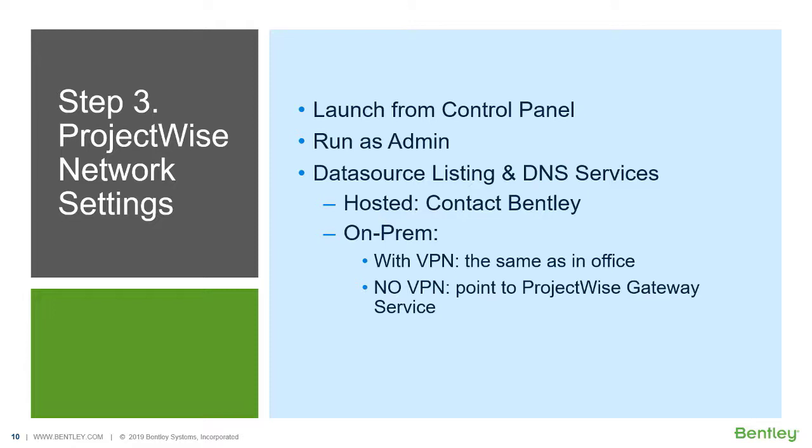If it's on-prem, again, there are two scenarios. If your company has VPN, you can always refer back to what exactly you set up for the workstation you're running in the office. You don't have to ask anyone. Just go back to your workstation in the office, figure out what exactly you pointed to, and copy whatever setting from there.